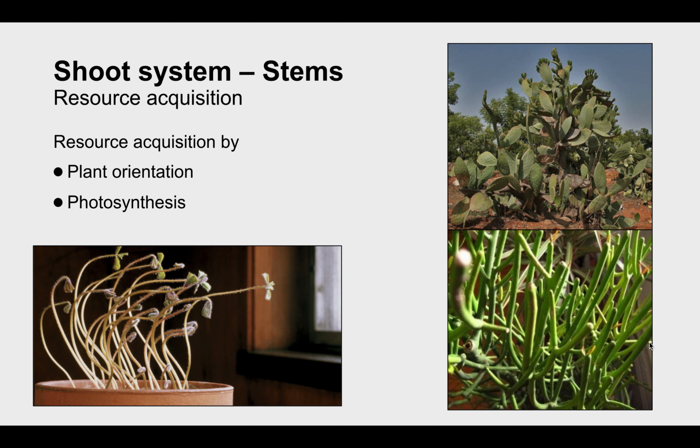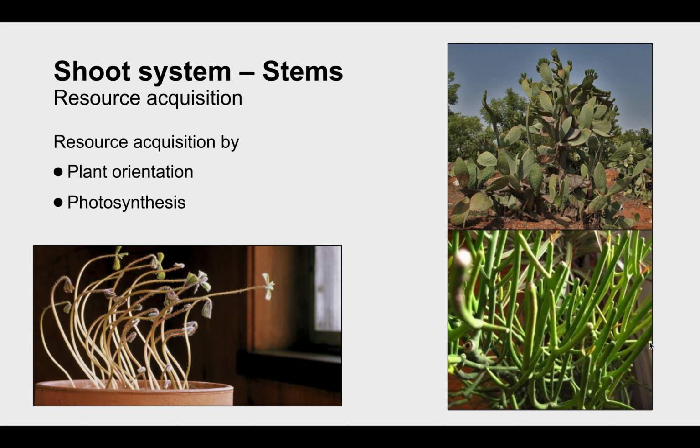Okay. Normally the stems themselves do not photosynthesize. They don't make sugars. But sometimes they can. There are plants out there where these stems are specialized to undergo photosynthesis. These two examples here are great examples. They're more of the succulent species. This is like a prickly pear species.